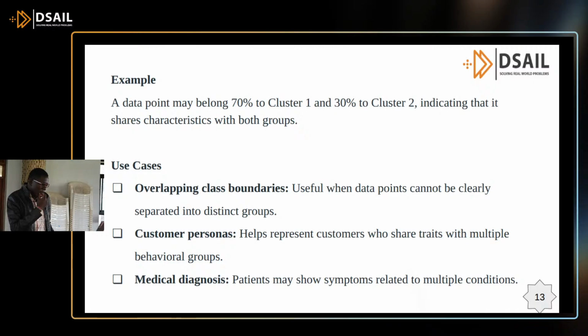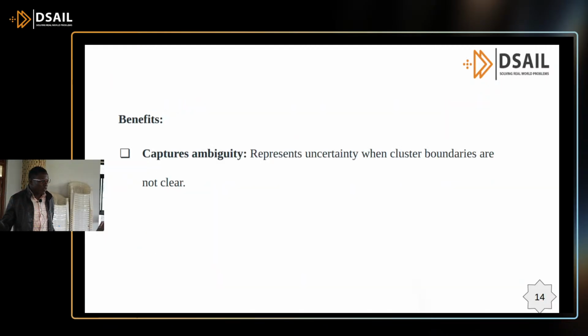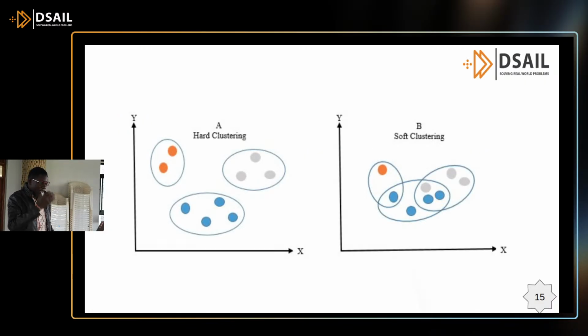And then we also have customer personas, medical diagnosis, where you go to a hospital, you do the test, and you are having symptoms that may fall in different diseases. So the benefit of soft clustering is that it captures the ambiguity within your data. And then this is just an image of what I was just explaining earlier, capturing both hard and soft clustering.